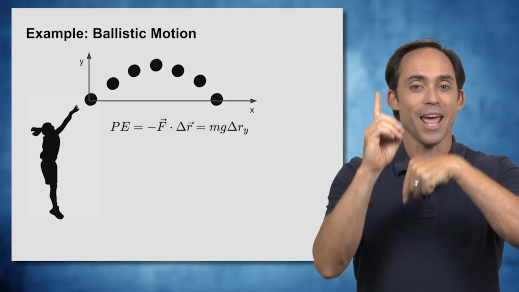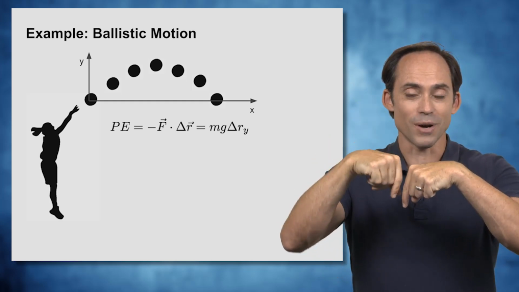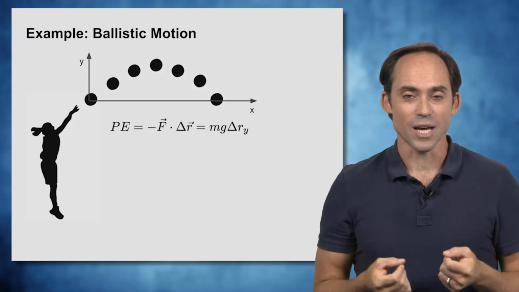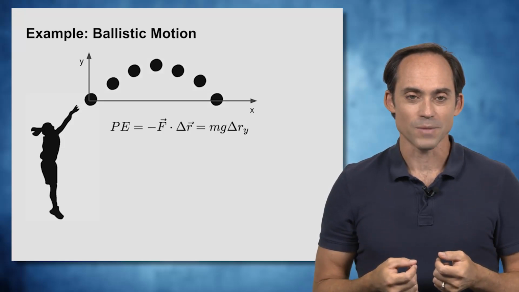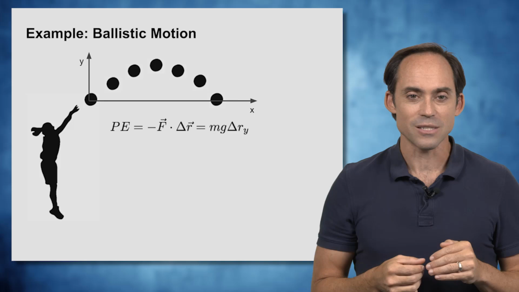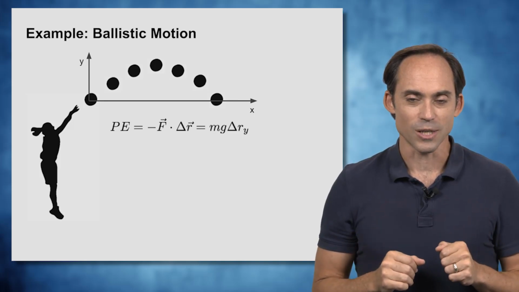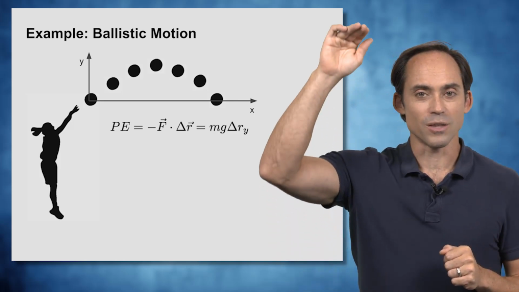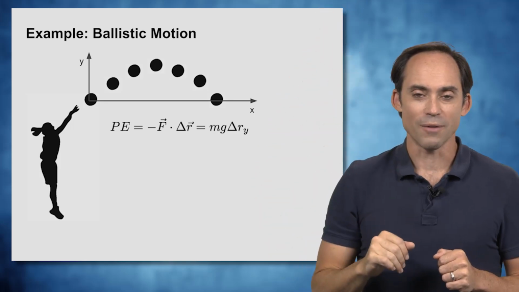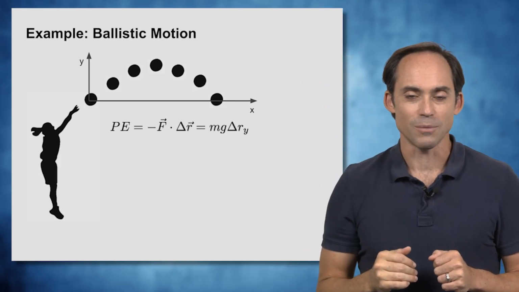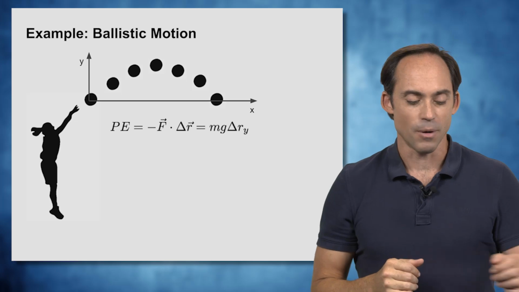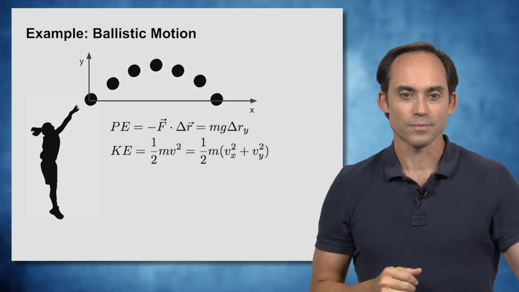But it's the negative of that, so that flips that around, and we get mg times the displacement in the y direction. So at the point where she releases the ball, you've got 0 potential energy, and then at the height where the ball is at its maximum height, you have some positive potential energy because you are some positive height above the point of the release.